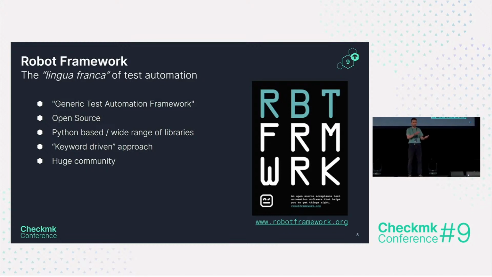Libraries for web testing like Selenium, Playwright, UI testing, image comparison, network protocols, Kubernetes, AWS, and so on. And one of the key features is the keyword-driven approach in Robotmk, which means you are writing your test using keywords which, under the hood, execute Python source code. So as a test author, you normally don't get in touch with any Python code.